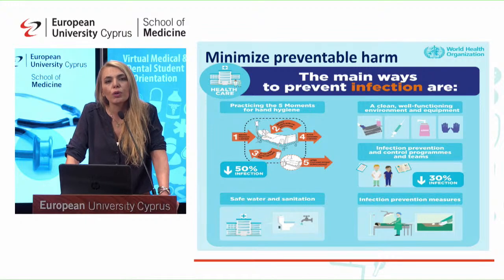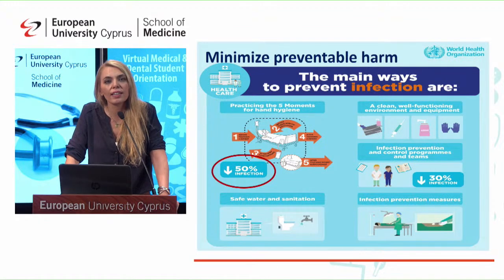So what I want you to remember, first of all, is that you have to learn to wash your hands properly. Easy thing to do, but we don't do it as medical students, as physicians. Please learn to wash your hands properly according to the WHO guidelines.